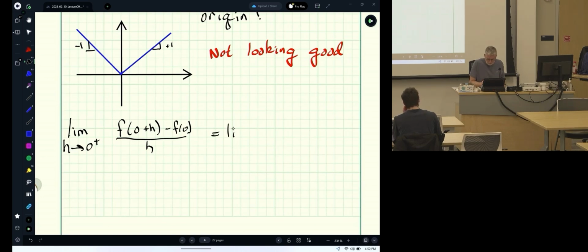So this is the limit as h goes to 0 plus of (h minus 0) over h. I think we have not too much problem recognizing that the h's cancel, the 0 doesn't play a role, and we just get 1.